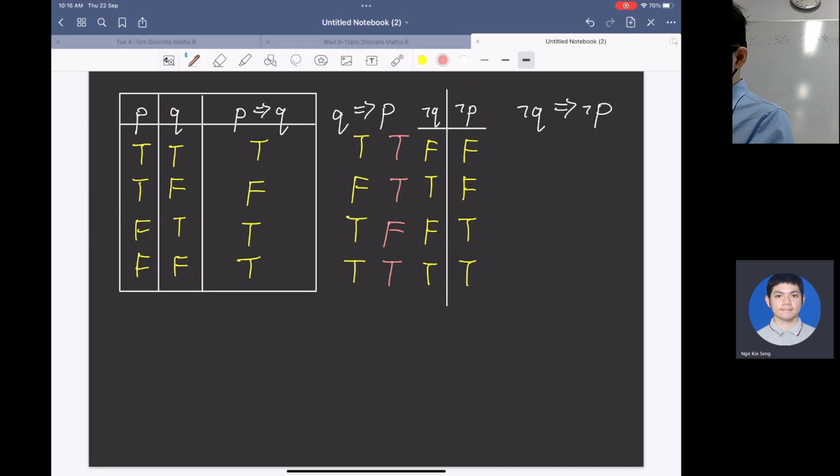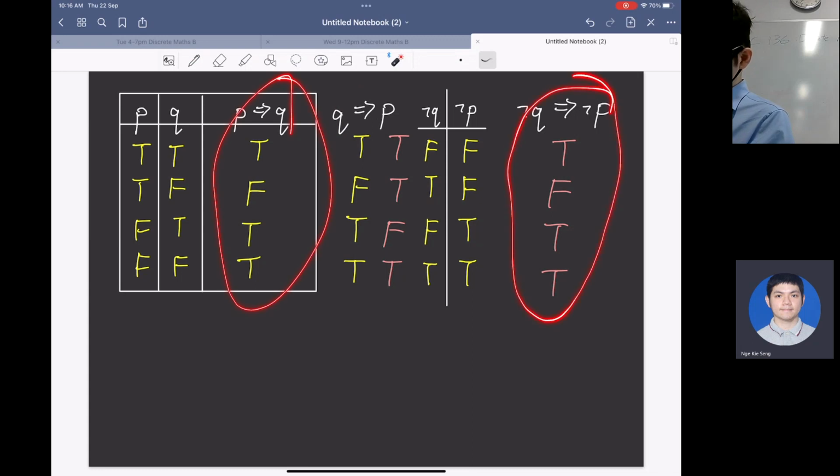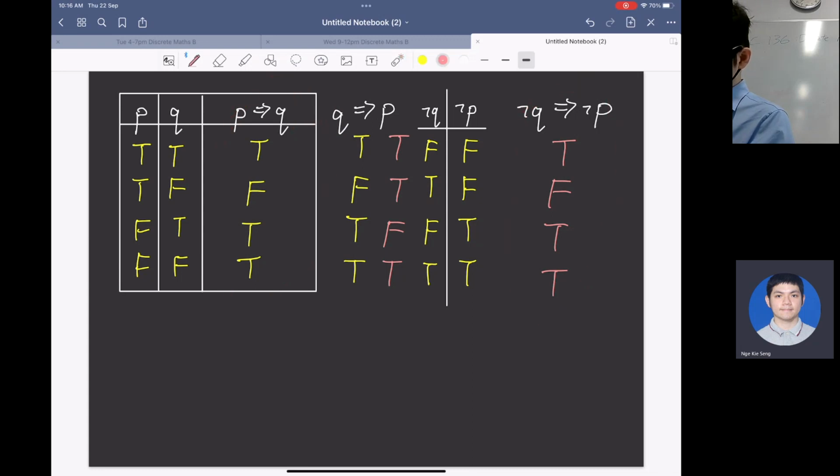Now we do this exercise again. So false implies false. True implies false. False implies true. True implies true. So you see, these two have the same truth table.